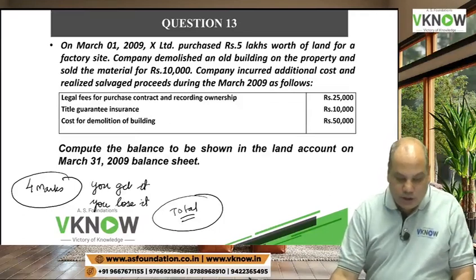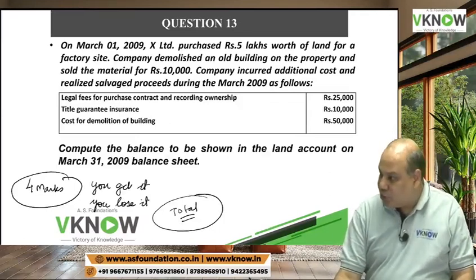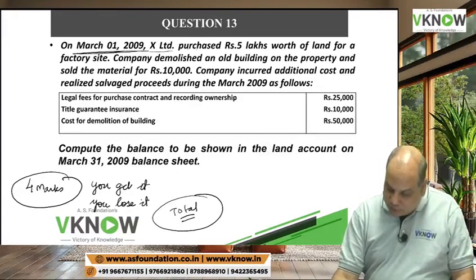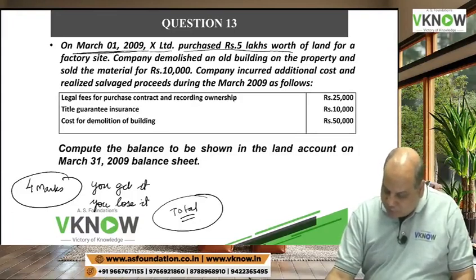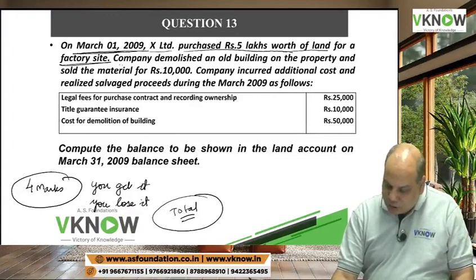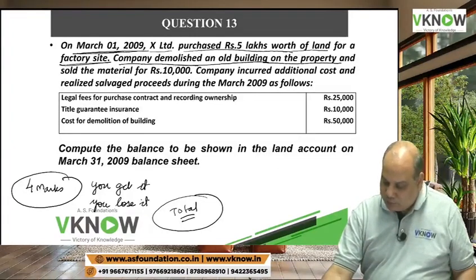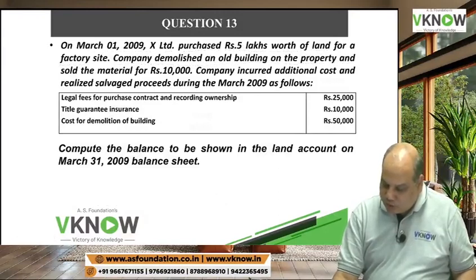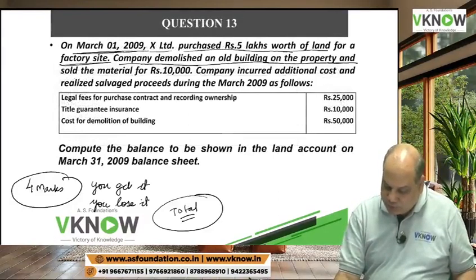I will read the question again for you. I hope you have reached the question. On March 1, 2009, X Limited purchased rupees 5 lakh worth of land for a factory site. The company demolished an old building on the property and sold the material for rupees 10,000.